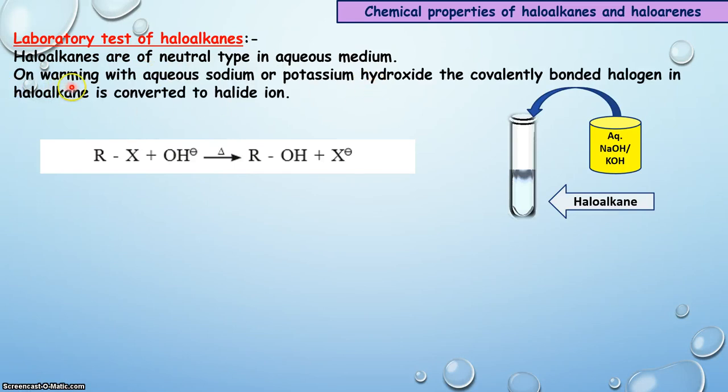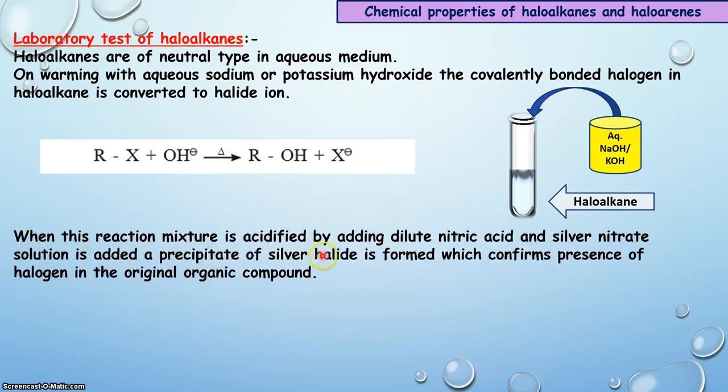When these haloalkanes are warmed with aqueous sodium or potassium hydroxide, the covalently bonded halogen in the haloalkane is converted into halide ion. Then the reaction mixture is acidified by adding dilute nitric acid.